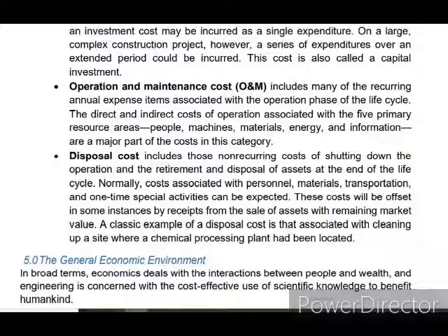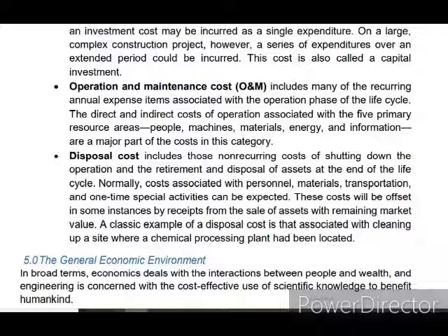They can be expected because in planning we have to anticipate them. This cost will be offset in some instances by receipts from the sale of assets with remaining market value. Meaning the company can get back their money through the selling of assets that the company will not be using.